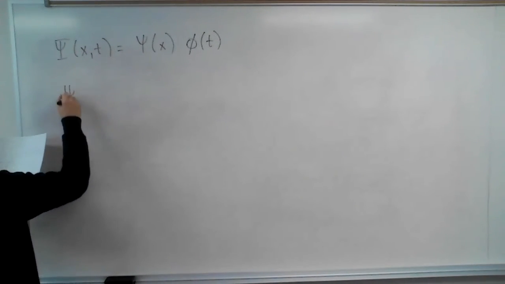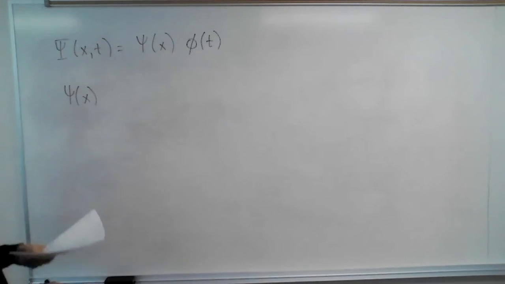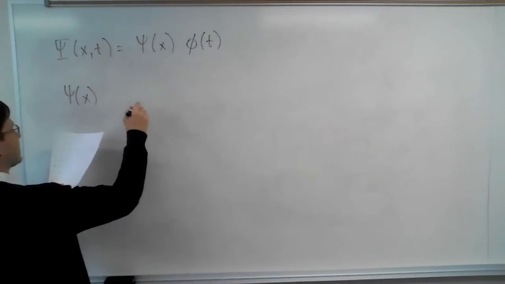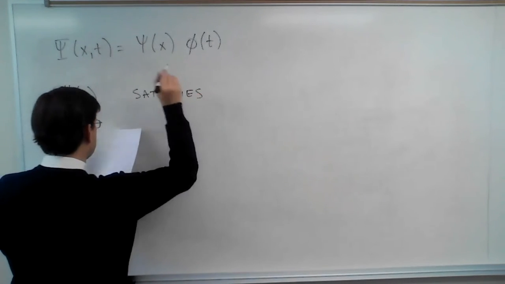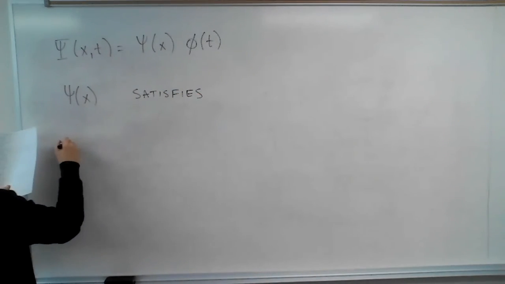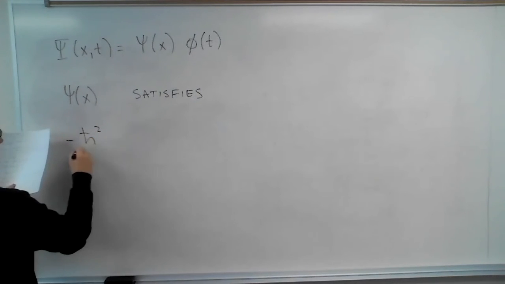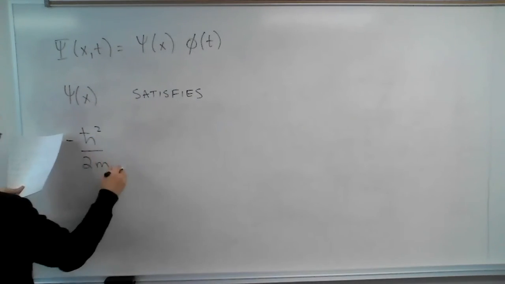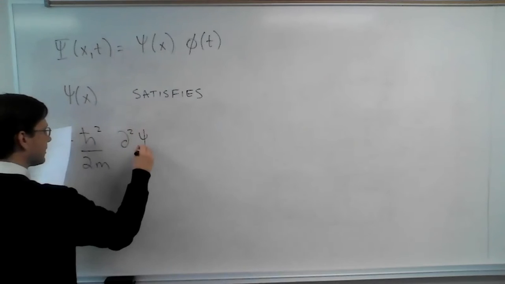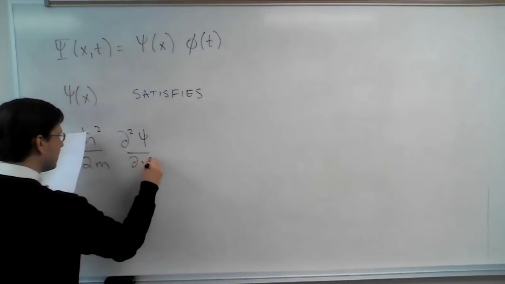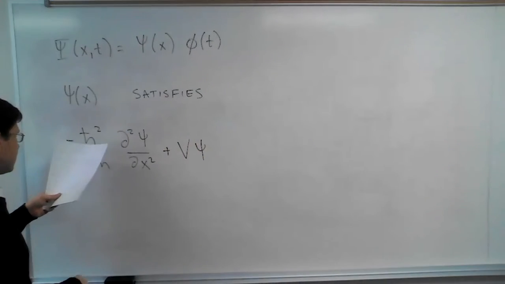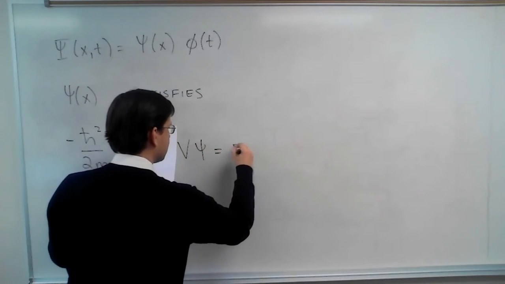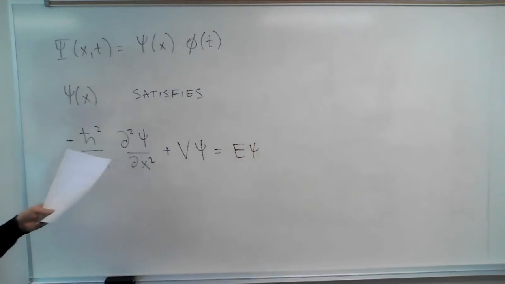And this part, little psi of x, the spatial part, satisfies the time-independent Schrodinger equation: minus h bar squared over 2m, times d squared little psi dx squared, plus V times psi, is equal to E times psi.